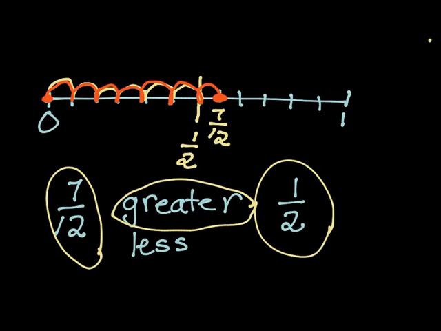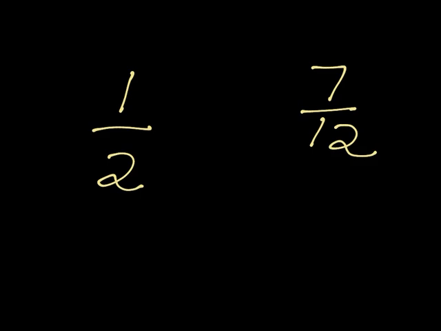But remember, I also said we could use our math reasoning. So I'm going to erase what I have up here, and I'm going to write down 1/2 and 7/12. Now our anchor chart up there says, how do you know if it equals 1/2?